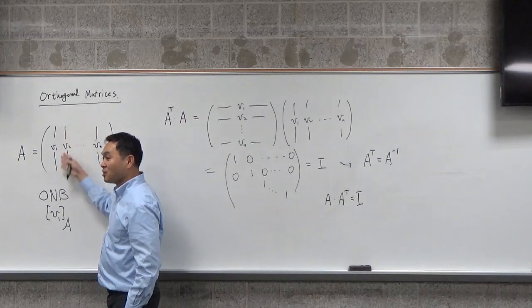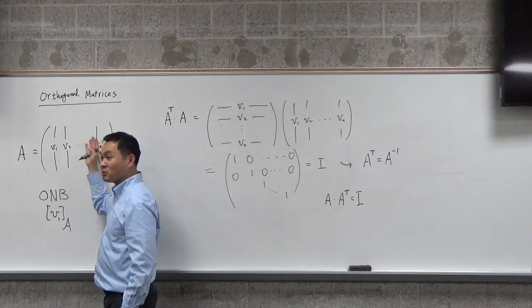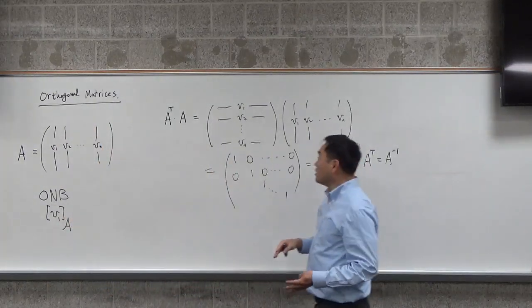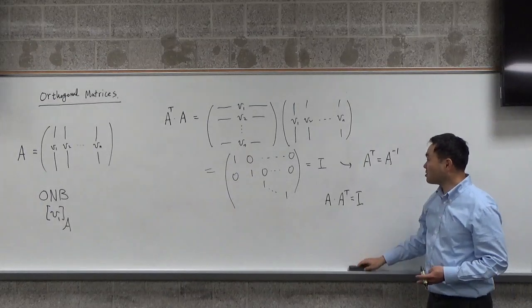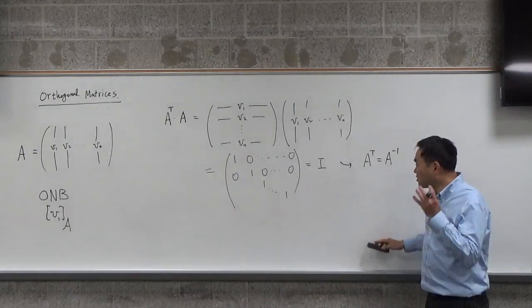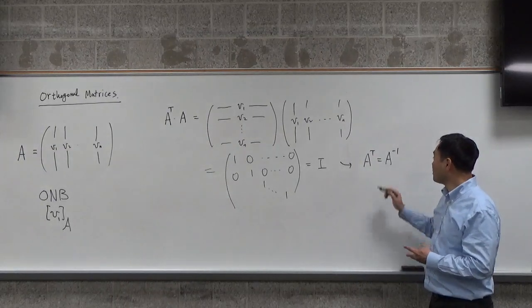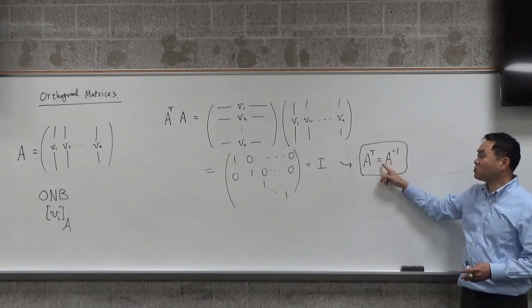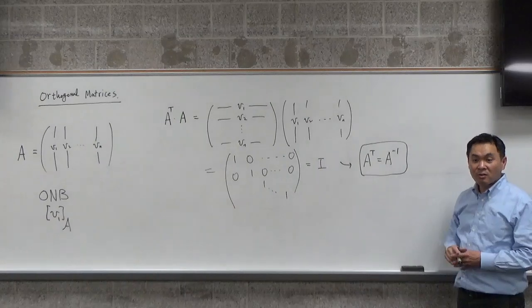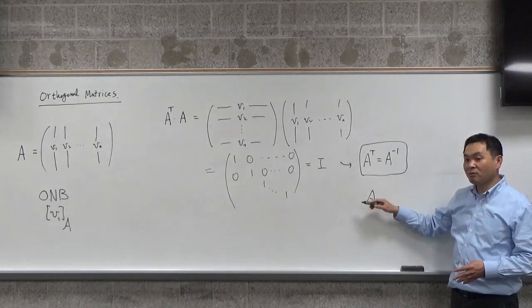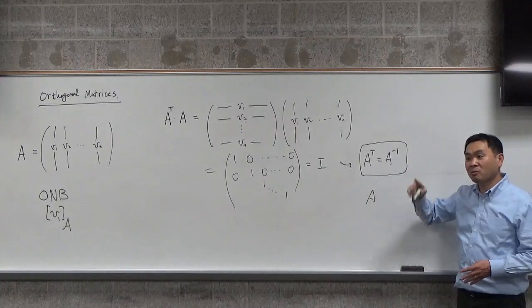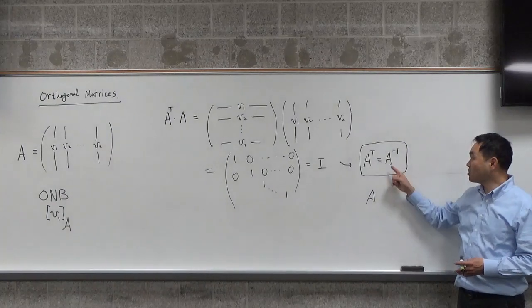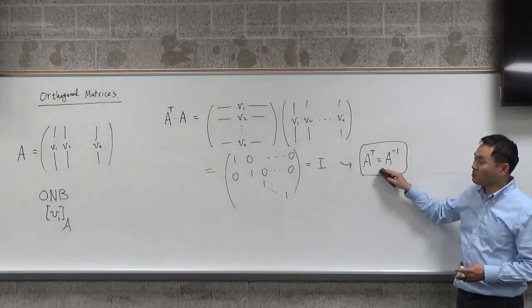So if you have columns of an orthonormal basis and you build a matrix, and you read off the rows, they will again be orthonormal. Furthermore, and I can't think of how to prove this statement, but it's kind of obvious, if A transpose equals A inverse, then the columns of matrix A form an orthonormal basis, and the rows also form an orthonormal basis. So it's vice versa.